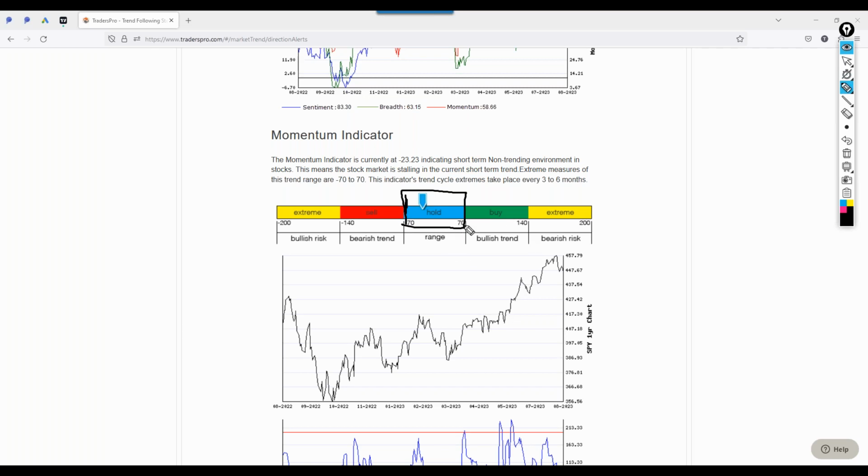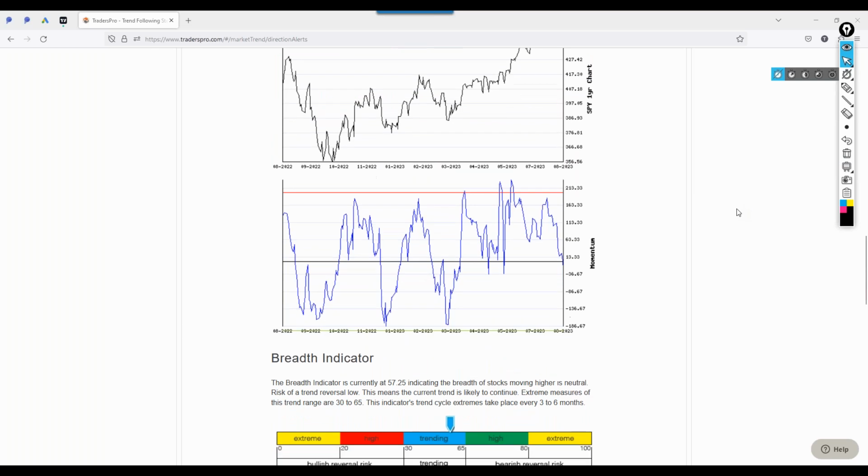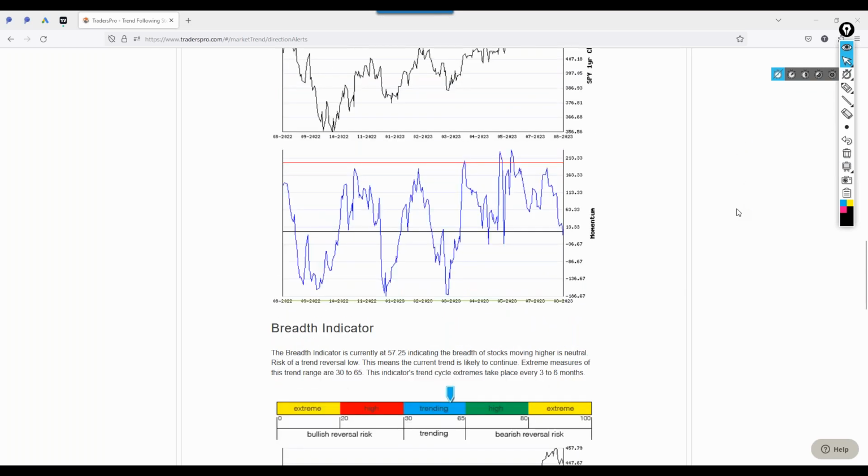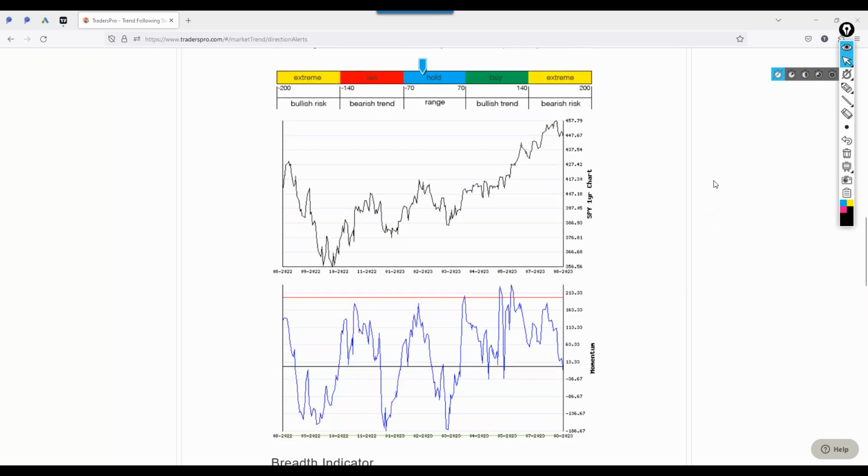It hasn't quite moved up into the buy range, but it's obviously not extreme either, and it hasn't come all the way back down to the sell side. So that's where we're at. This is really a cautionary location because we could go either way. I like to use this chart when we're talking about the middle of the road, because oftentimes in a nice uptrend, we get a pullback and it does find support right here.